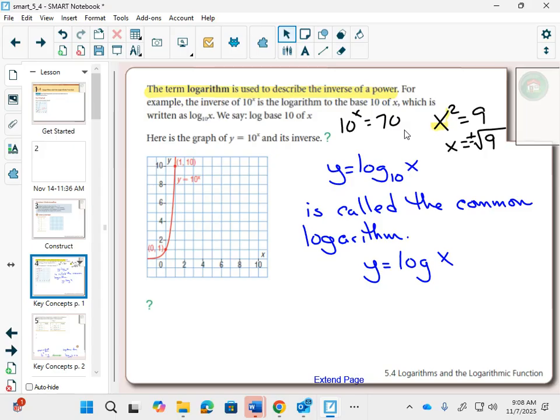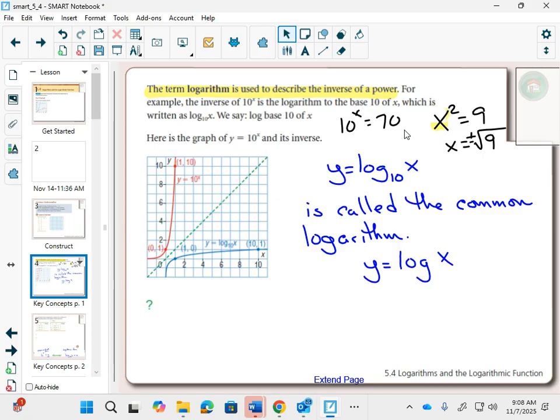So if I took 10 to the x and I switched all the x's and y's and flipped it over that diagonal line, y equals x, I would get this equation, and we're going to type it in as y equals log base 10 of x.